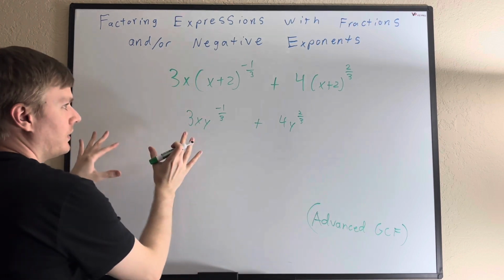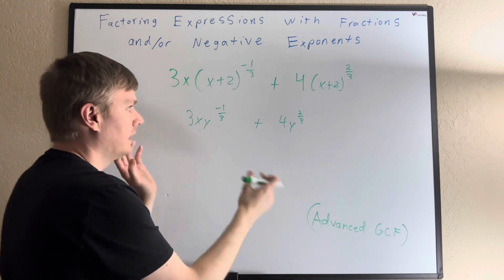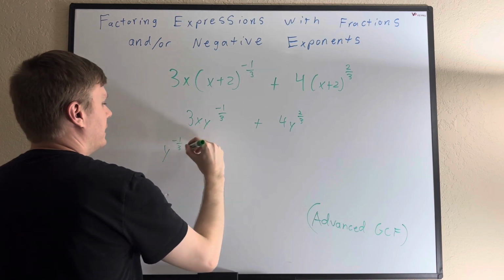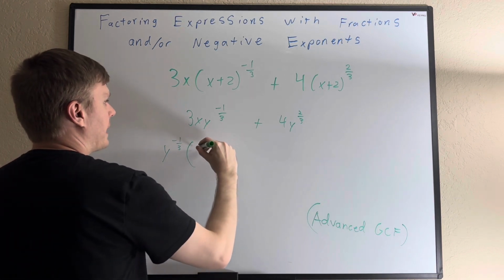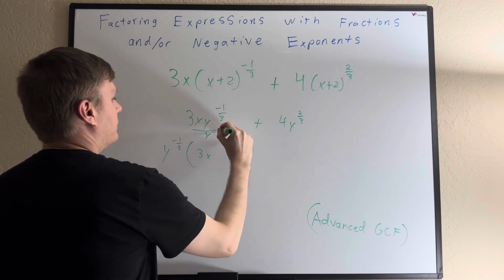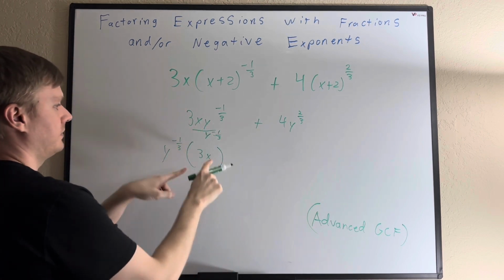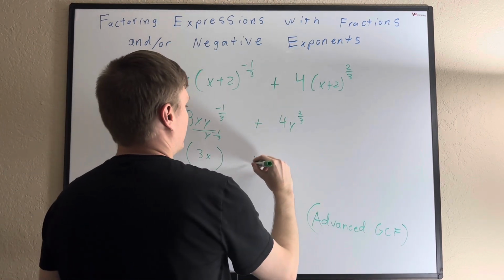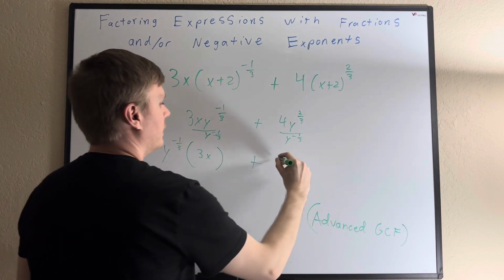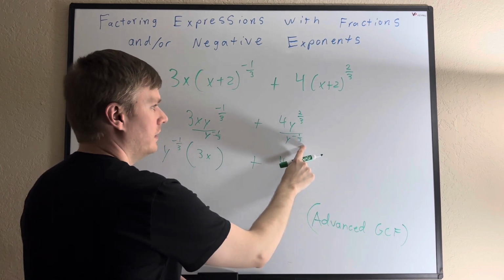And when we factor something out, we're dividing all the terms in any polynomial, right? So we can factor out y to the negative 1/3. If we divide this part by y to the negative 1/3, it's just going to cancel out, so it's just 3x left there. But over here, if we divide by y to the negative 1/3, something awesome is going to happen.